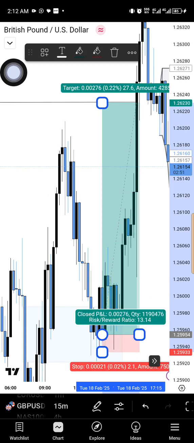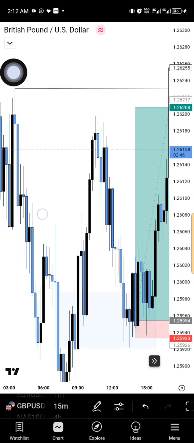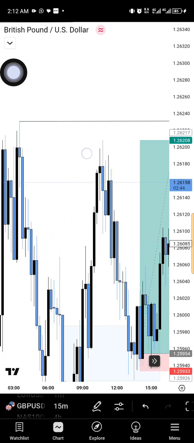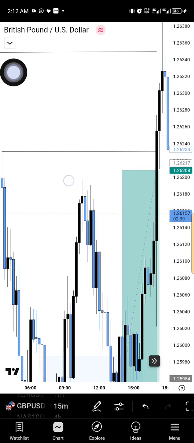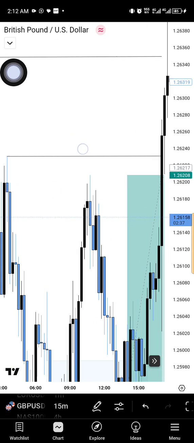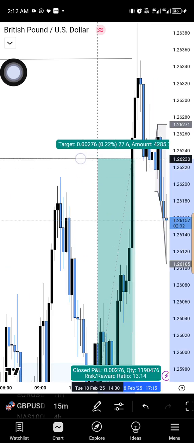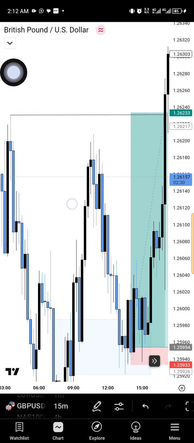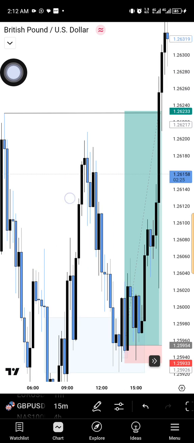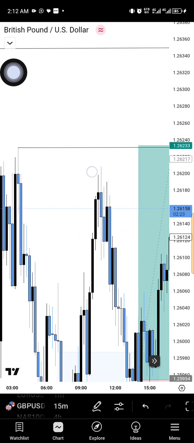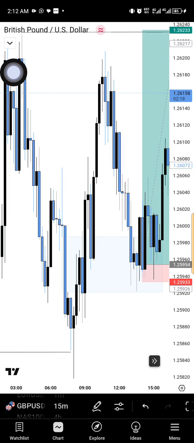We could go to this high or this high, because there's going to be sellers on this high, so the stop loss is ultimately going to be here, and they're going to be using this high as a stop loss, or this as an entry, so we can still take it all the way up here. But we know our drawn liquidity is this high ultimately, because it was the one that ran through the fair value gap.